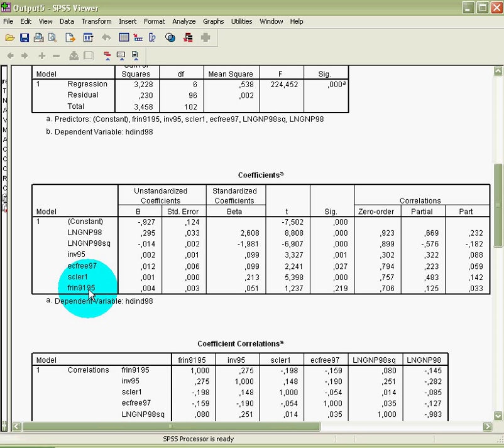This one, FRIN 9195, this Freedom House democracy indicator. It's not significant at 95%. So does democracy matter in our example? No. Based on this statistical analysis, we cannot rule out with 95% certainty that it doesn't have any influence.